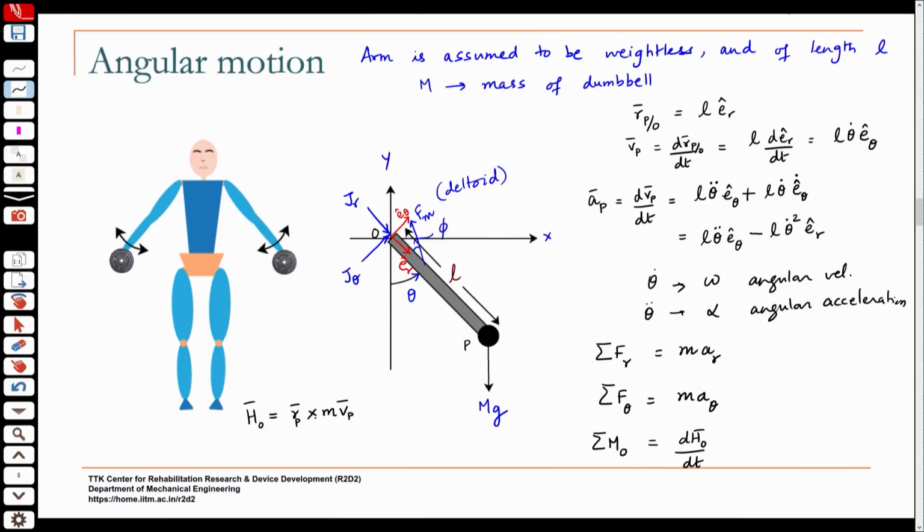So, r p is L E r cross m, v p is L theta dot E theta.